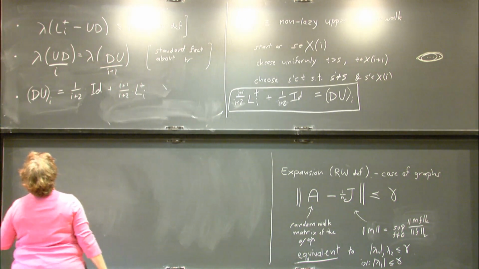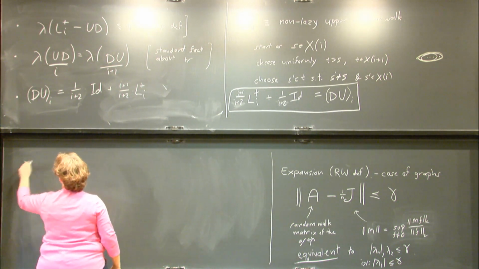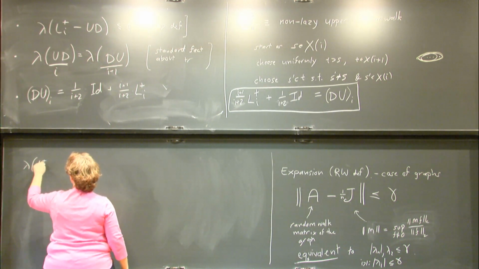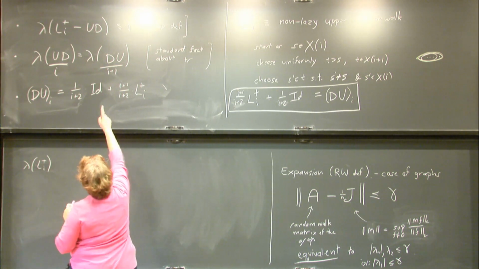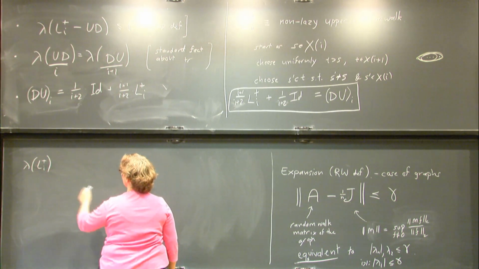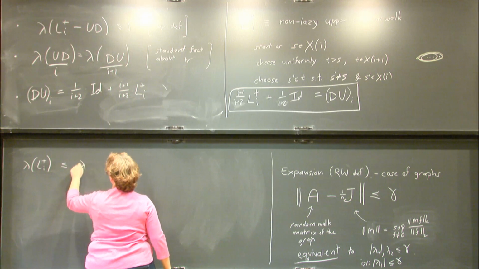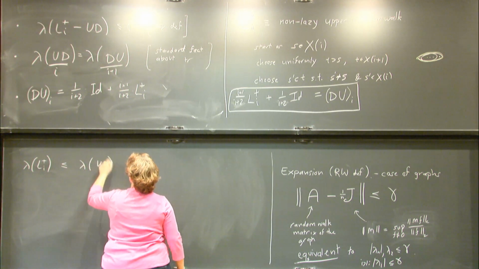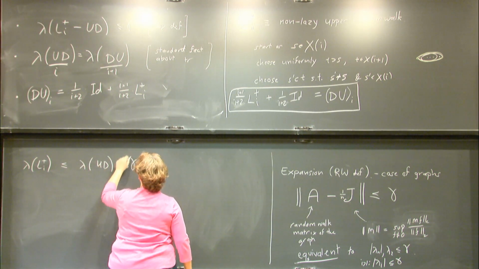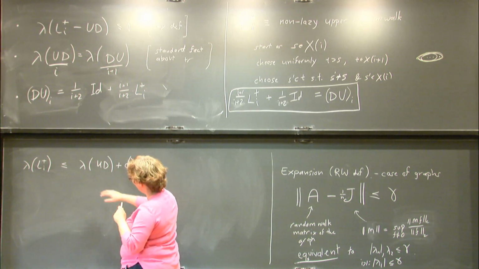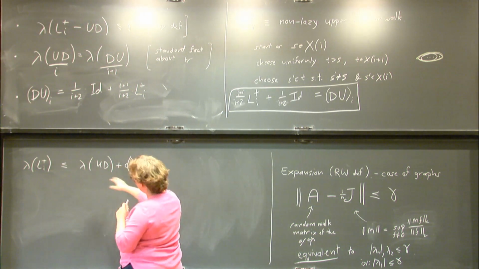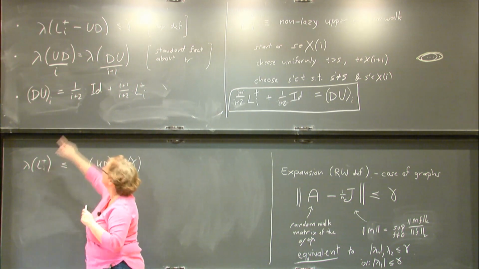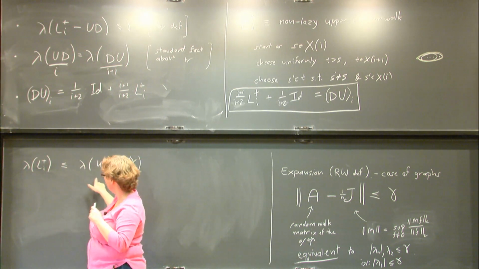I want to compute lambda of Li plus, and I know by the first bullet that it's less than lambda of ud plus gamma, plus O of gamma. From the definition of lambda, this is linear, so it's okay to translate that to this.